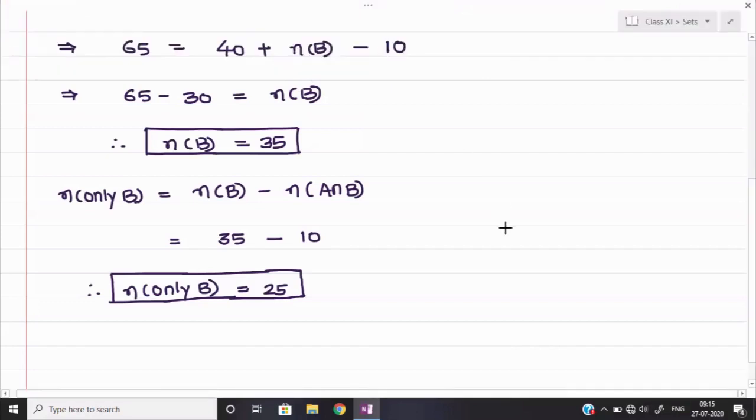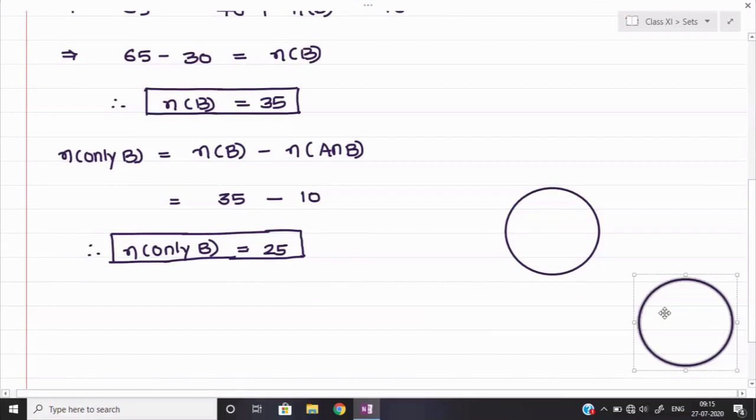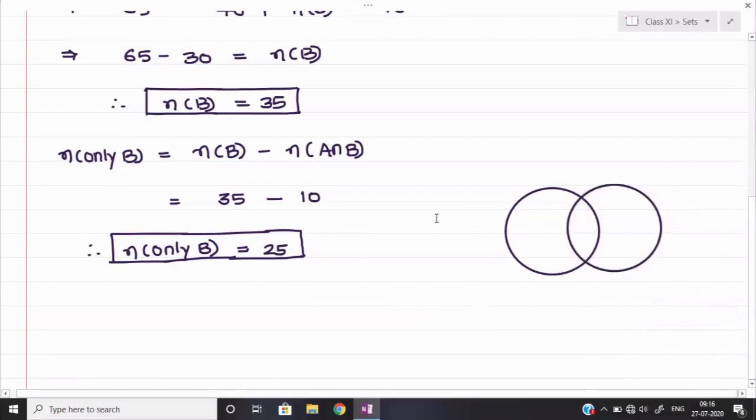Suppose I take one set A, and along with that I take one more set B, and suppose some common part is also there between them.